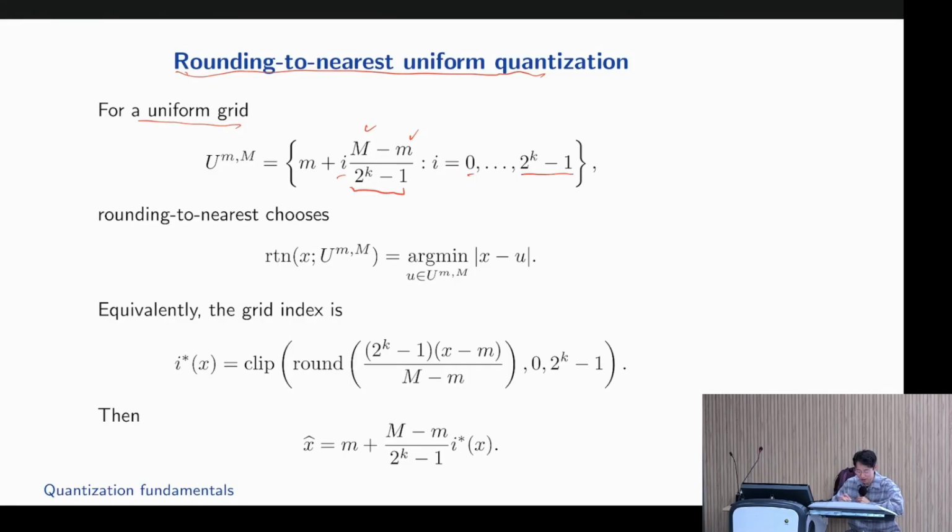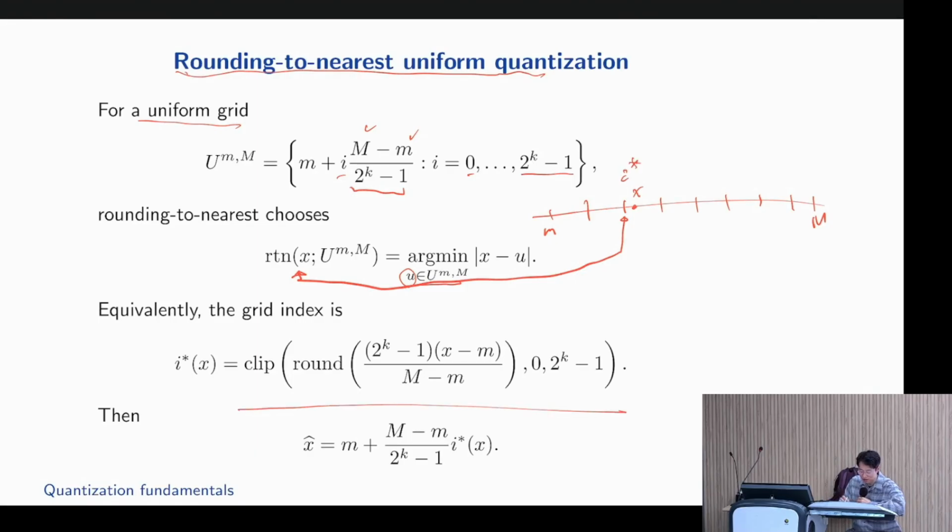So how do you round it? You choose the grid index that is closest to the input x. So equivalently, the grid index is the actual nearest neighbor in the grid, right? So you create an equally spaced grid, M, and let's say your x is here. What is the index here, i star?